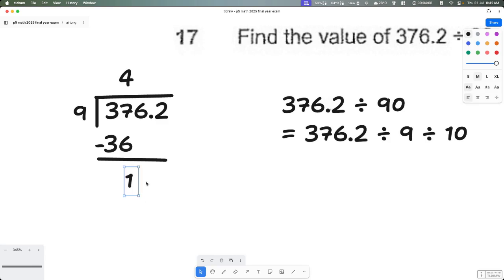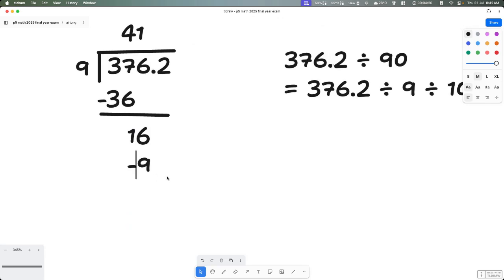We bring down 6. Then what's closest to 16? It should be 1, right? Because 1 times 9 is 9. So minus 9, and what will this give us? This will give us 7, right? With 7, we can't really do anything because 7 is less than 9. We bring down the 2, like this, 7.2.